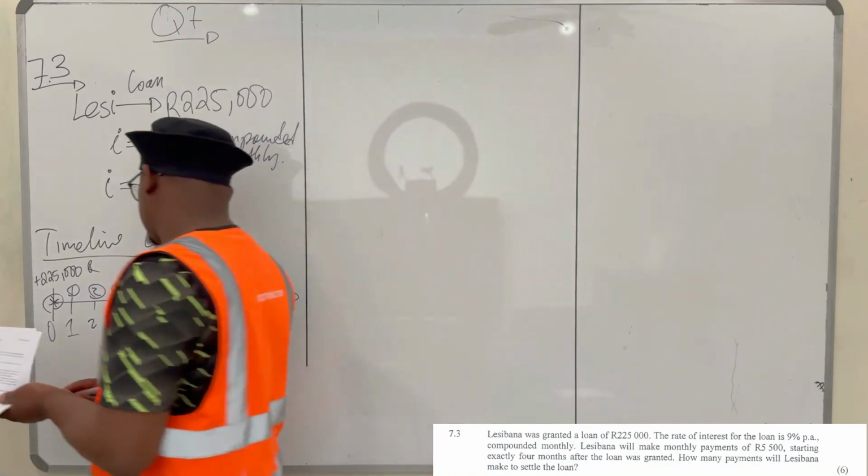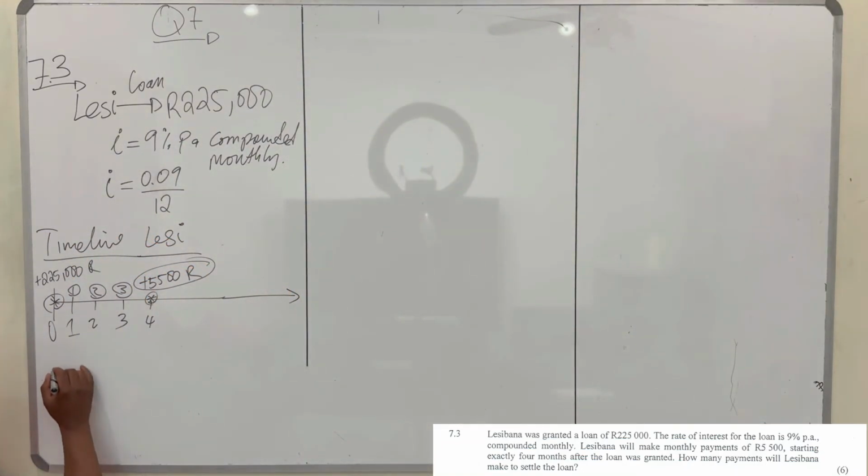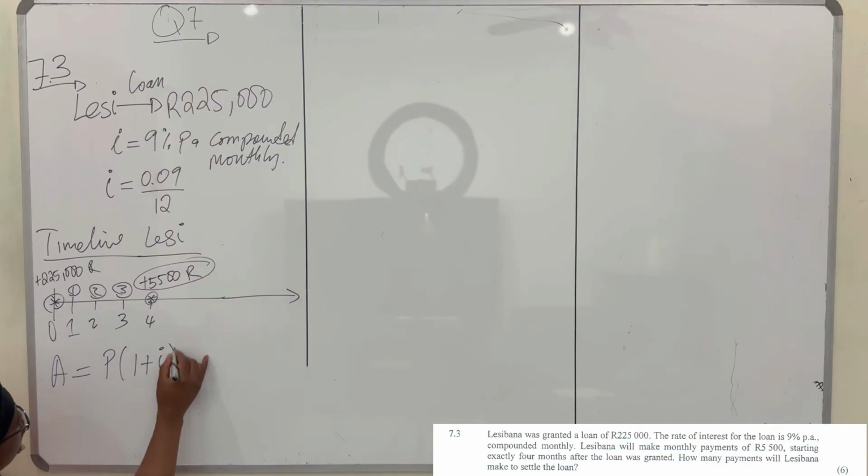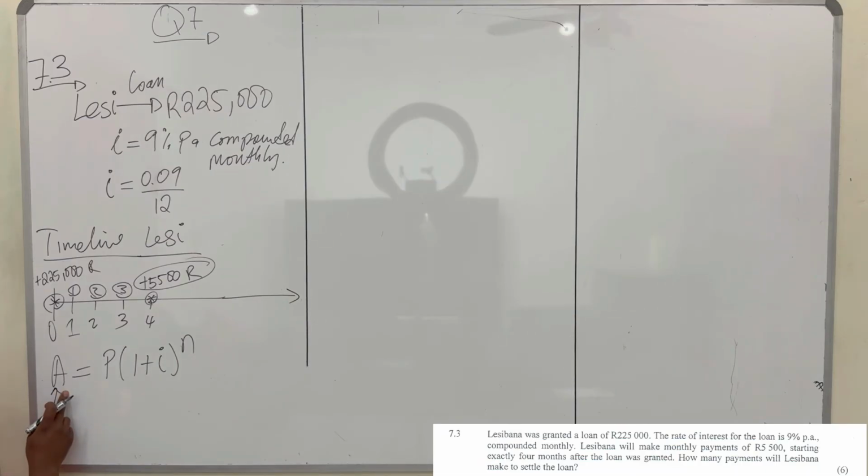So A is equal to P times (1 plus i) raised to n. A is your accumulated amount after you have gained interest. P is the principal amount, which is the loan granted. And n is the duration, because we're trying to find the balance on the 3rd month.